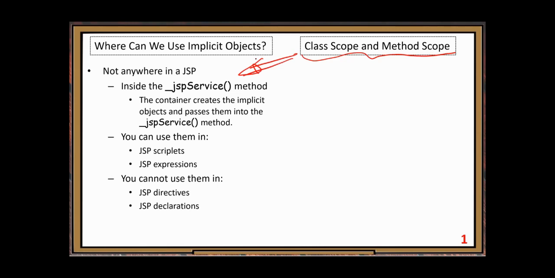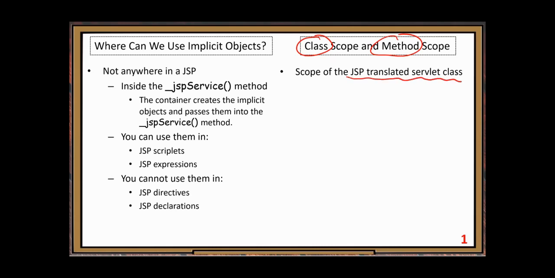First, you need some background about the scope concept in computer programming. In programming, we talk about scope. Here, we have these two situations, the class scope and the method scope. Specifically, when we talk about the JSP translated servlet class, we have this issue.